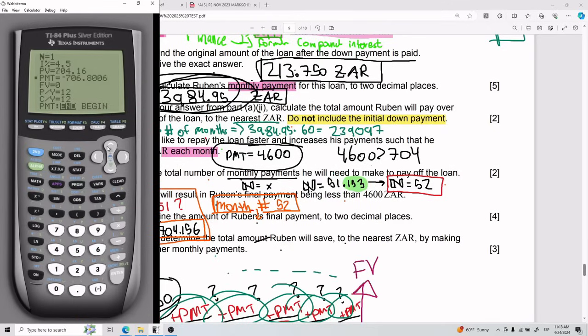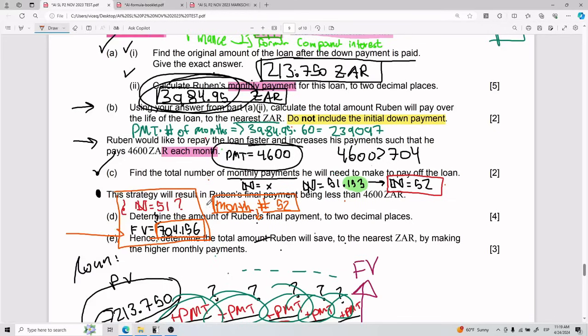For the bank to earn money, they're going to charge a little bit more. That's why you have the percent over here. So yes, he owes technically 704, but how much does he have to pay? A little bit more because the bank earns from percents. And so for month number 52, we found that the PMT was 706.80.